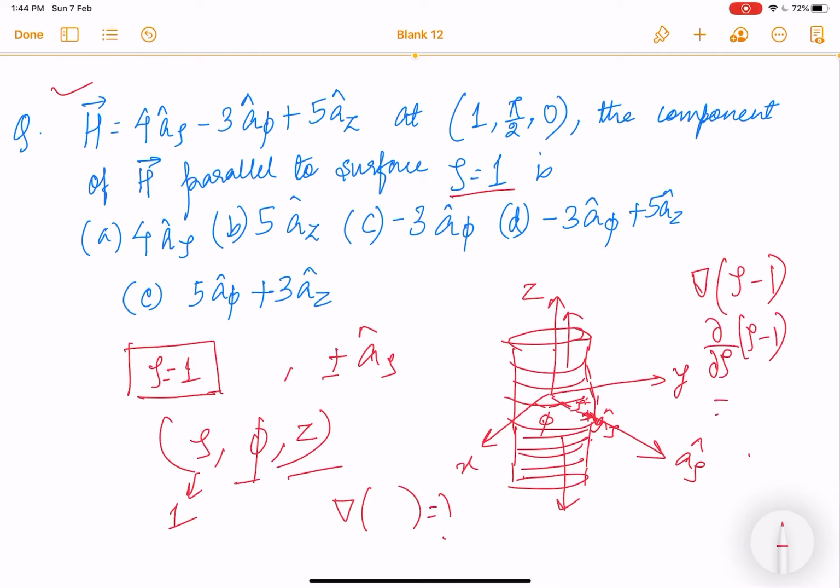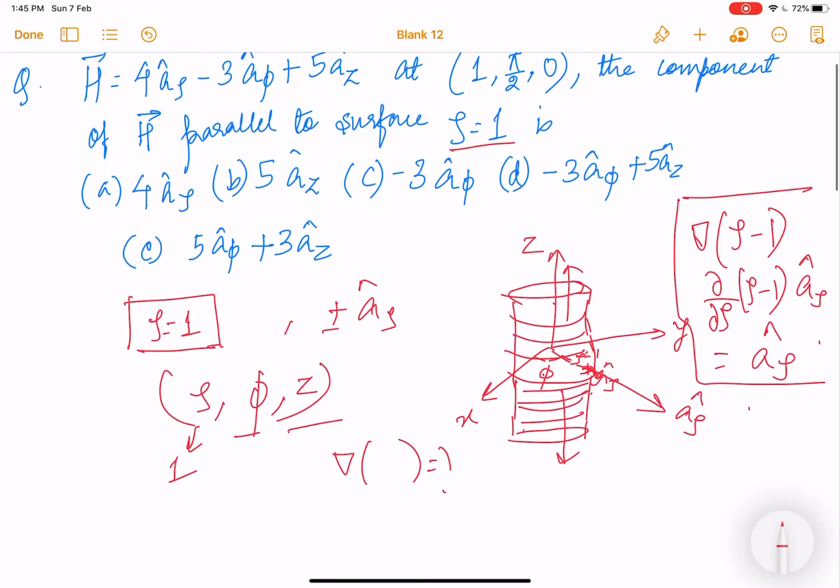Everything else will be 0, so you'll get a rho cap. So in this way also you can take out that the normal vector is this. But as a general rule, you must remember that a unit normal vector to a surface n is equal to constant is plus minus an.